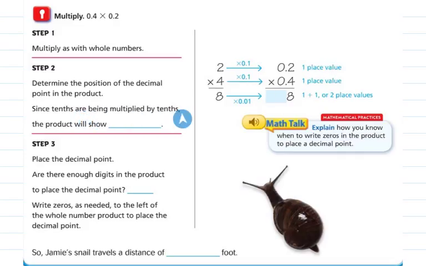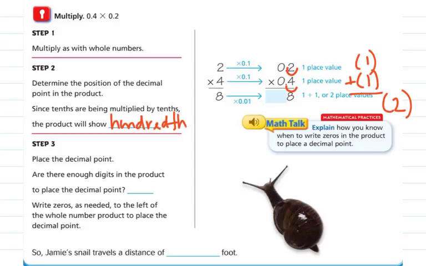Since tenths are being multiplied by tenths, boys and girls, the product will show, well, let's count the decimal places. 1 decimal place, 2 decimal places. Yesterday, boys and girls, we talked about adding up the decimal places in both factors to know that in the product, we need to move 2 decimal places. We know, boys and girls, that any product that has 2 decimal places will show hundredths.